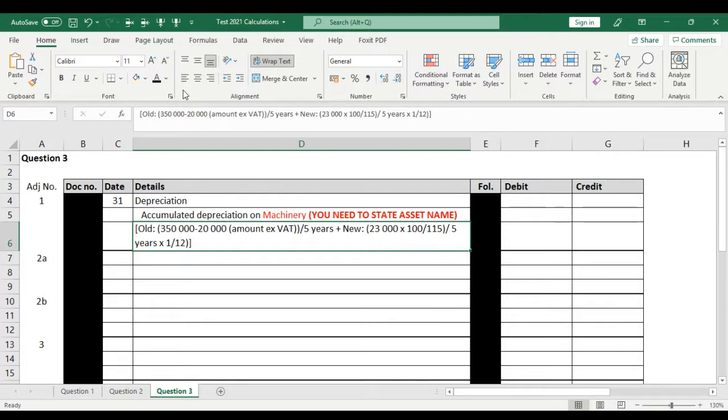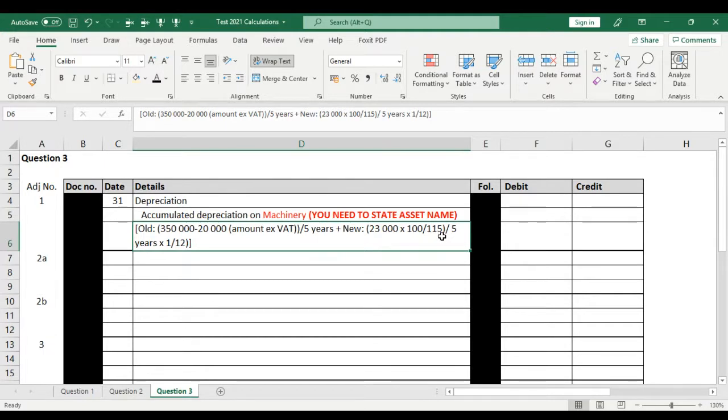So I've now split it between the old asset and the new asset. So for the old asset, I took the 350,000. I've deducted the 20,000, which is the amount excluding VAT. Now I know that's the amount excluding VAT because I worked it out, which is the 23,000 multiply with the 100 over 115.